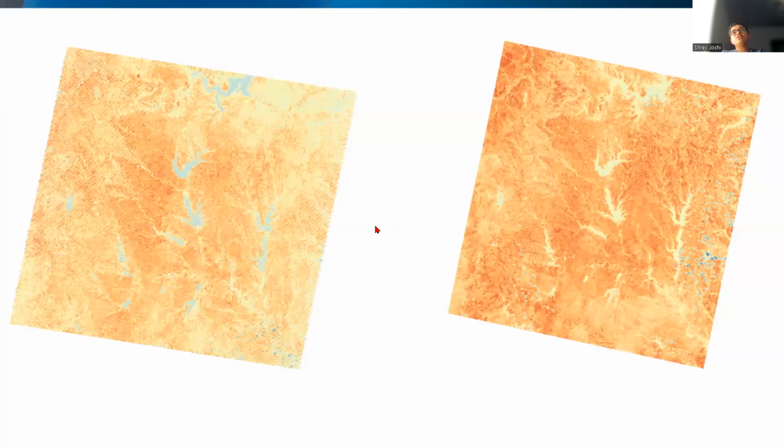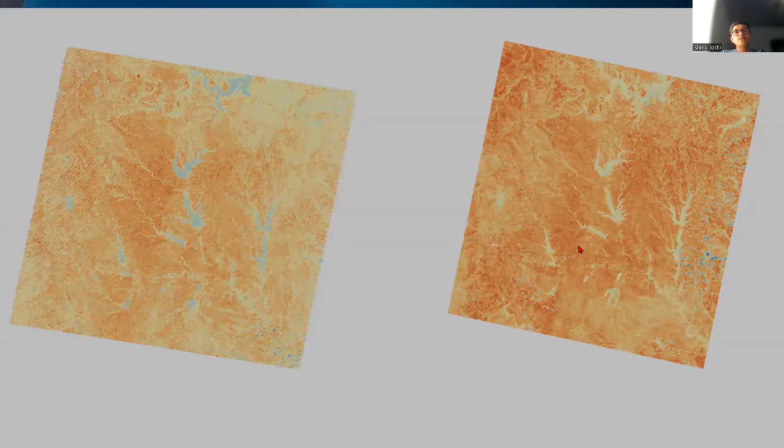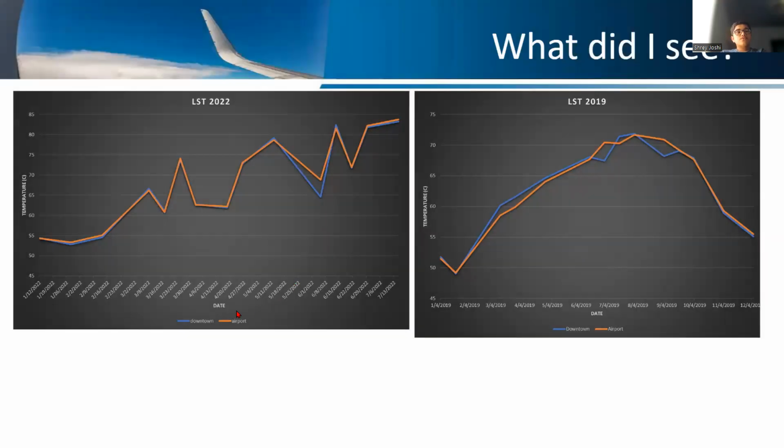Here are those same images zoomed out. You can definitely see the effect of climate change, with darker colors on the 2022 image on the right. And then here you can see the graphs, with the blue graph representing the land surface temperature for downtown and the orange for the airport for all years. As you can see for 2022 and 2019, these lines are very close together, with only minimal differences of around 3 to 5 degrees Celsius at max, depending on the year.